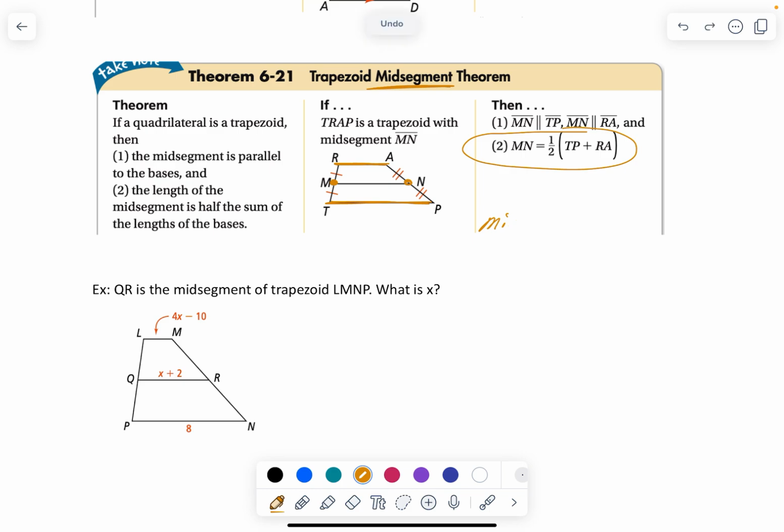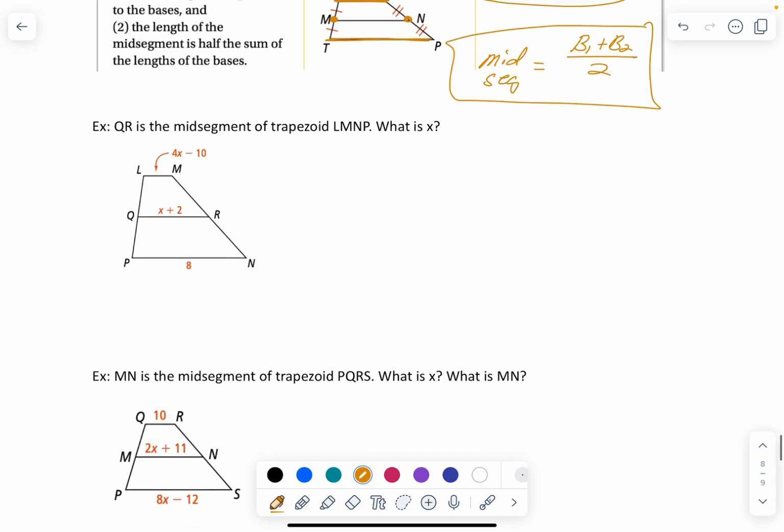midsegment is equal to base 1 plus base 2 divided by 2. That might be how you want to remember it. In this case, we've got x's and everything else, so that's no big deal.